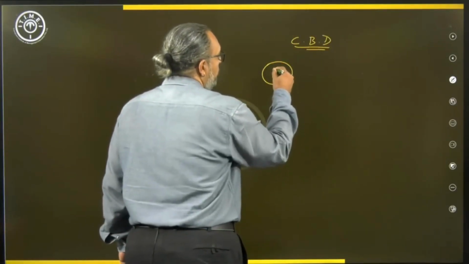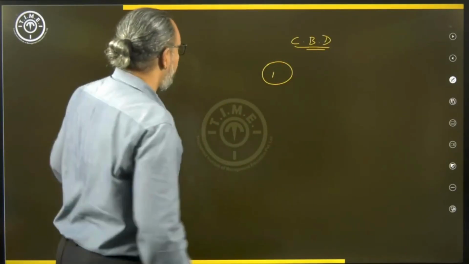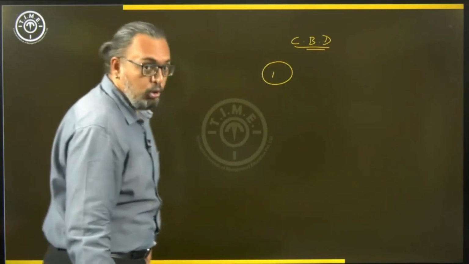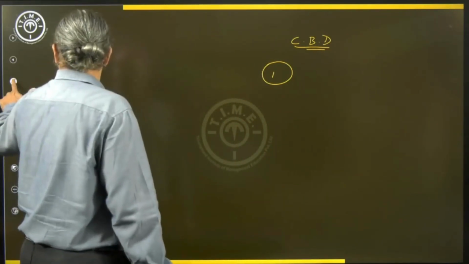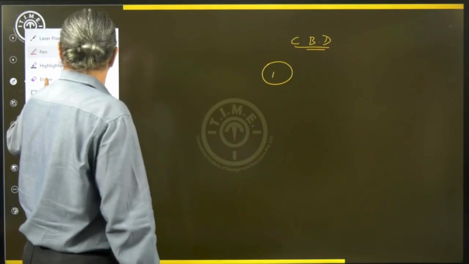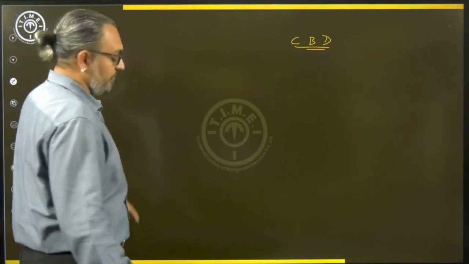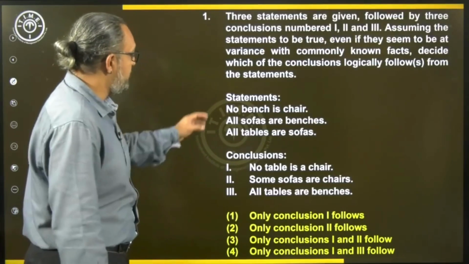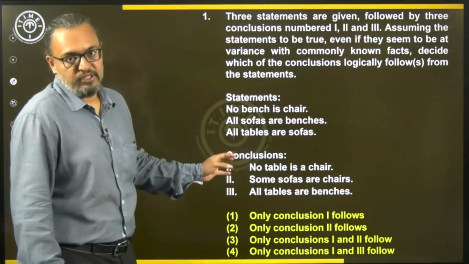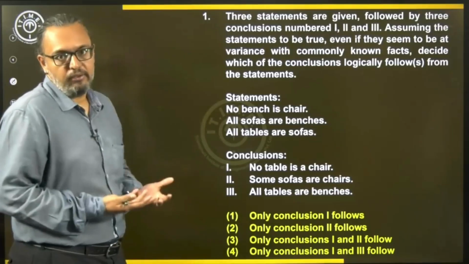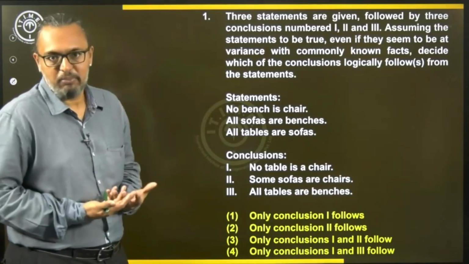Before we look into no, here we always should look into all first. Draw the all, then we can draw no, because no anyways is separate circles.